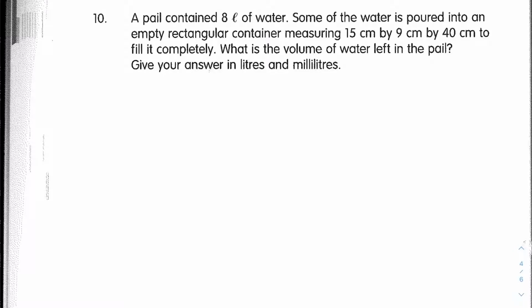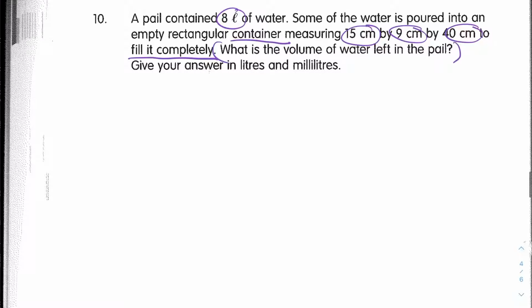A pail contains 8 liters of water. Some of the water is poured into an empty rectangular container measuring 15 cm by 9 cm by 40 cm to fill it completely. So the water that is poured out fills this container completely. How much water is left in the pail?